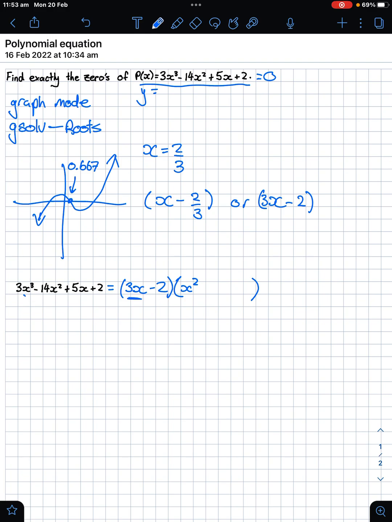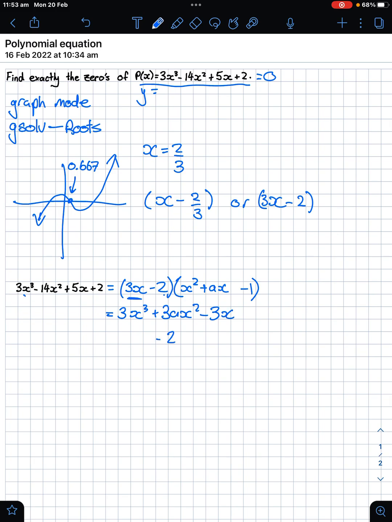I also know this negative 2 here, so I'm going to have a negative 1 at the end for this to balance out. So now I've just got to go plus ax, and that's going to allow me to expand this.